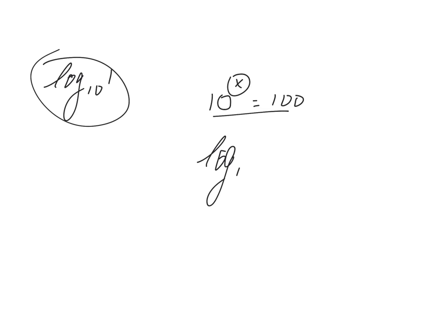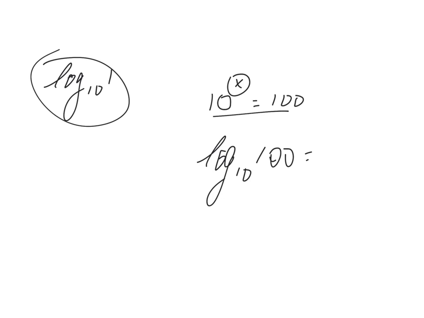What I'm looking for is a number that I can put here that will give me, say, 100. I can put a 2 there. My logarithm is 2. If I were to write this in exponential form, or logarithmic form, it would be like this, equals what? X is what we would put there, meaning we're looking for that number.